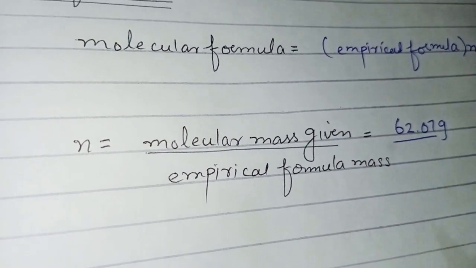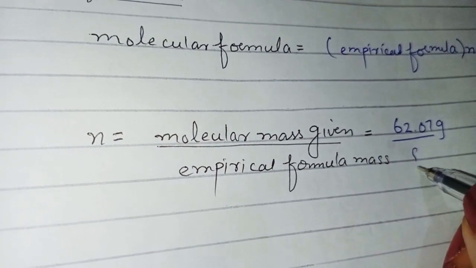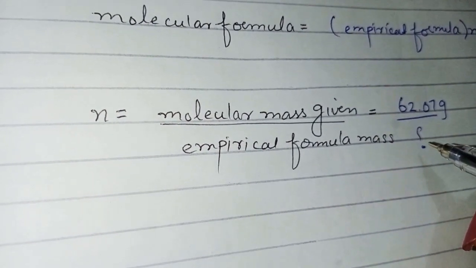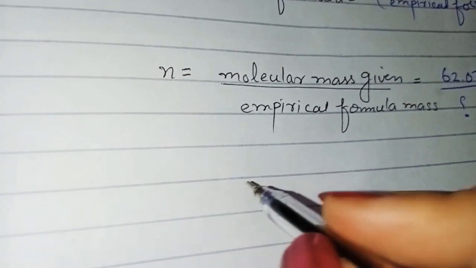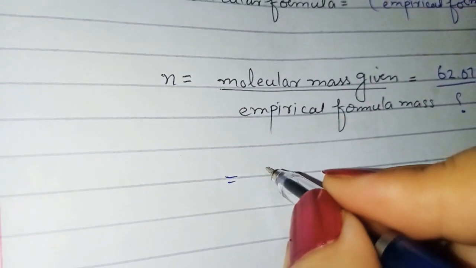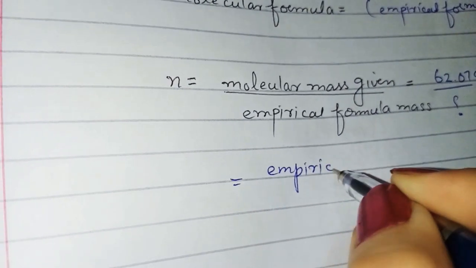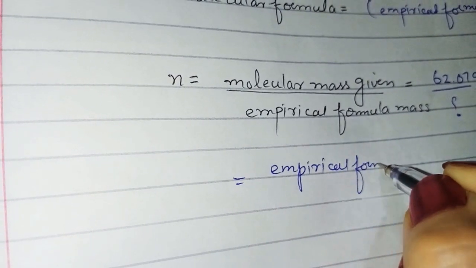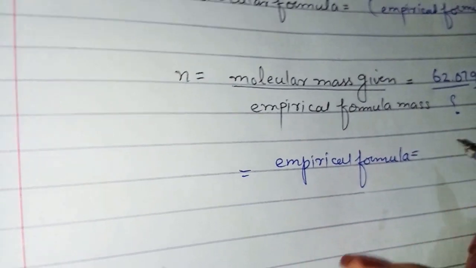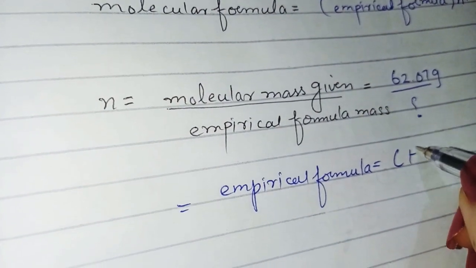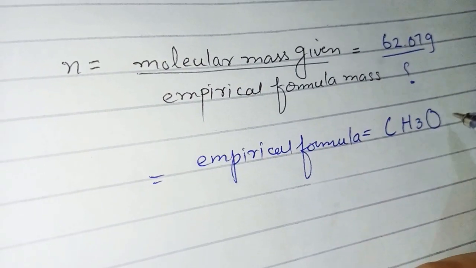Now we have to find the empirical formula mass. To find the empirical formula mass, first of all, write down the empirical formula, that we have already derived, that is CH3O.